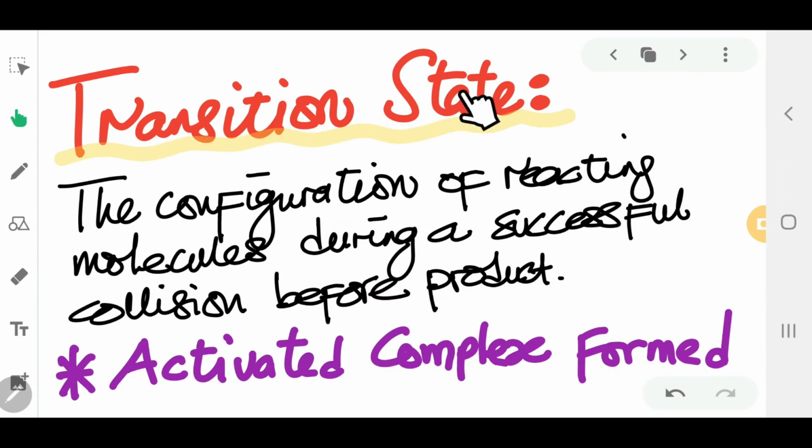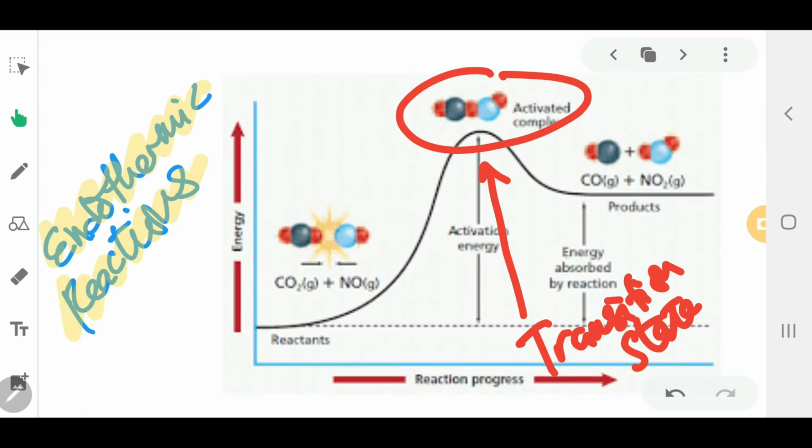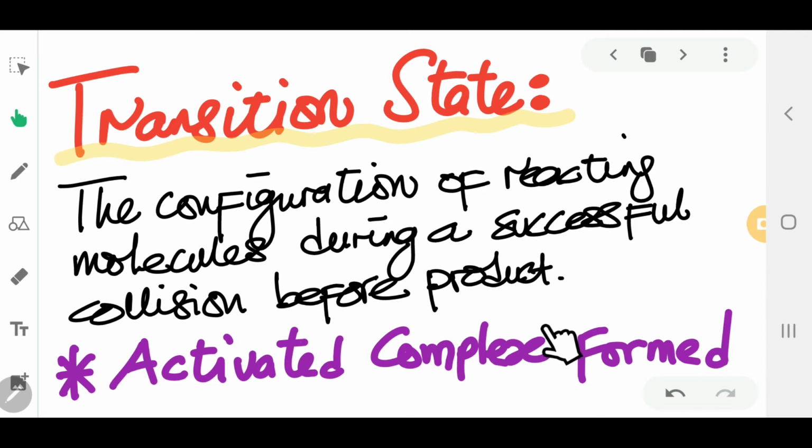So the transition state is the configuration of reacting molecules during a successful collision before product is formed. Before the reacting molecules reach the product stage, they will go to the transition state first, and as you saw in the energy profile diagram, they form the activated complex at the transition state.